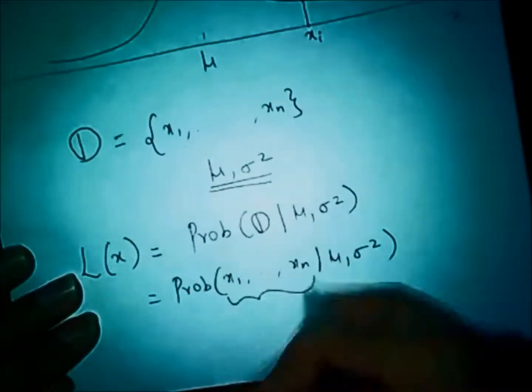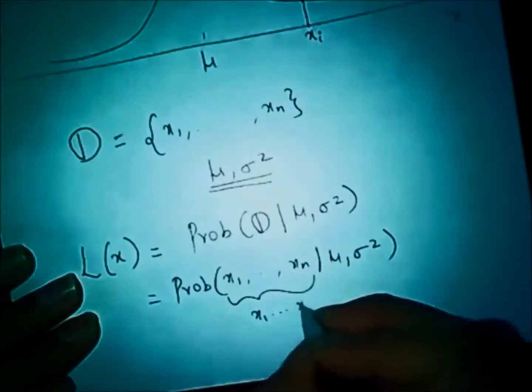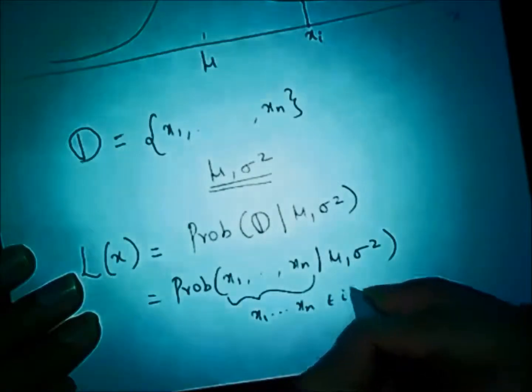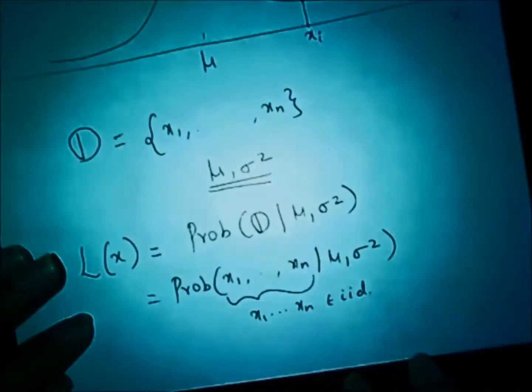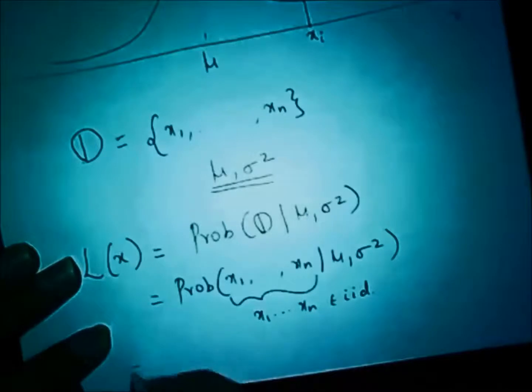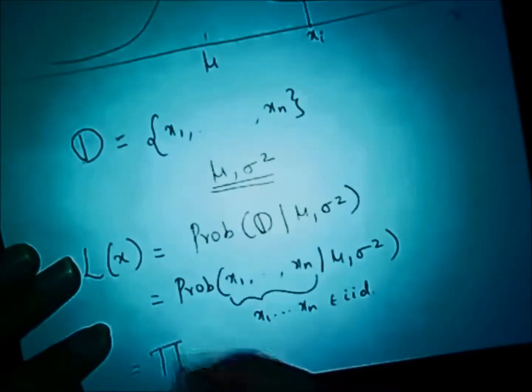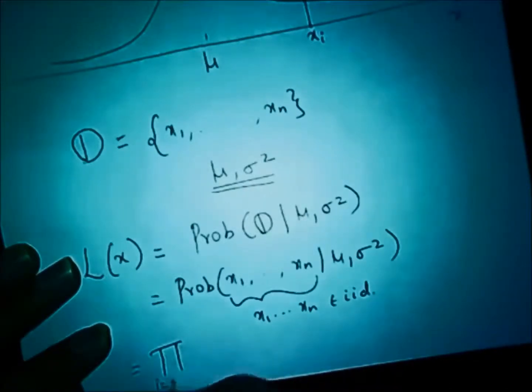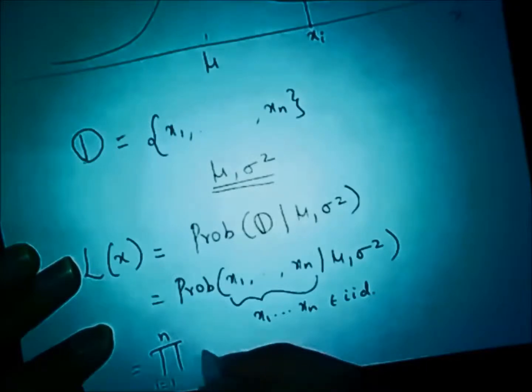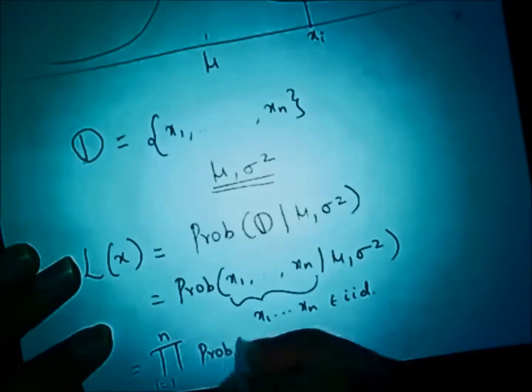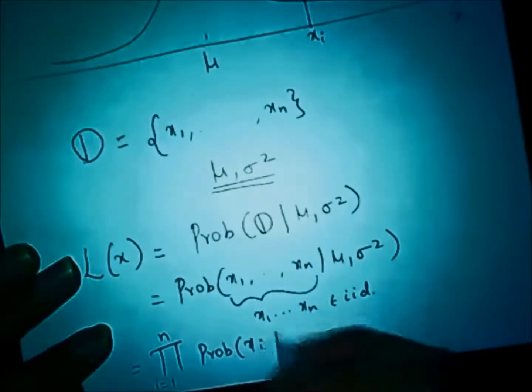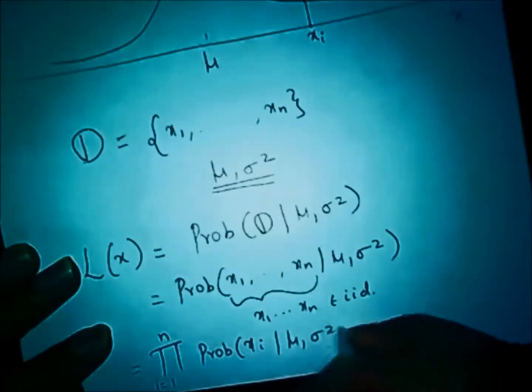And we are going to assume that x1 until xn are IID. So what this would mean is that this would become a product of probability of xi given mu sigma squared.